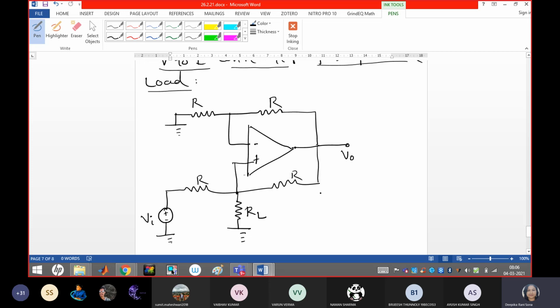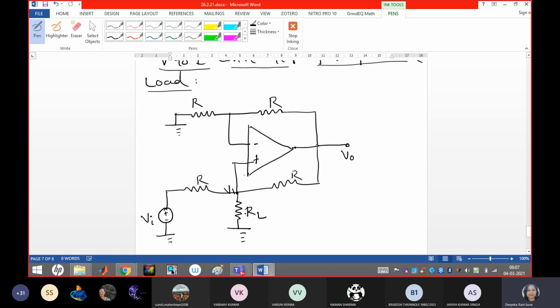In the analysis of the circuit, let's label this nodal voltage as V1. This voltage V1 is applied at the non-inverting input of the op-amp. Then how do we relate V1 and the load current? That is important.